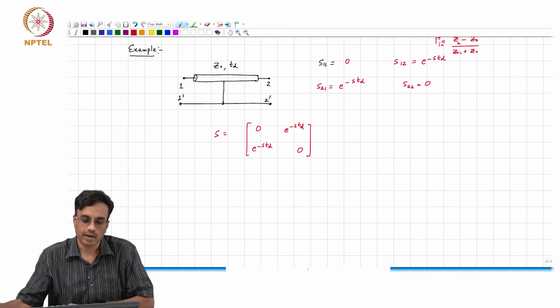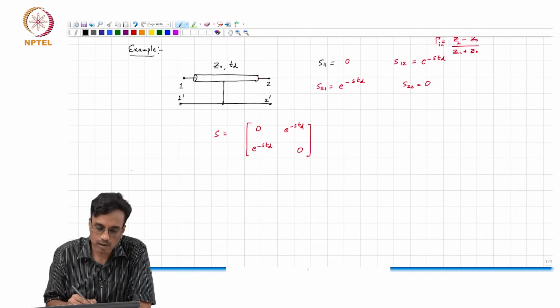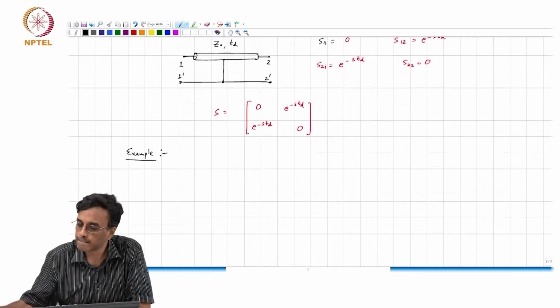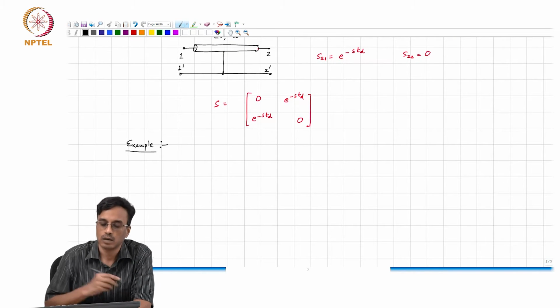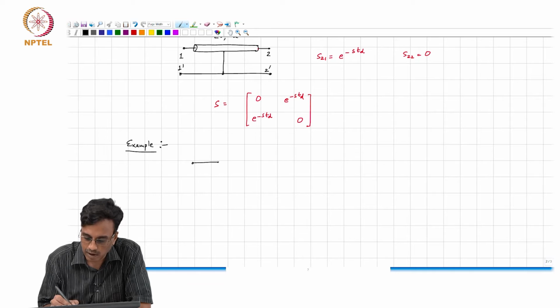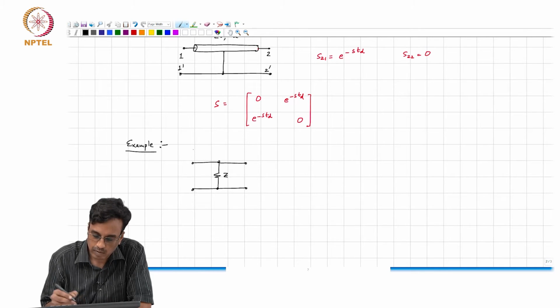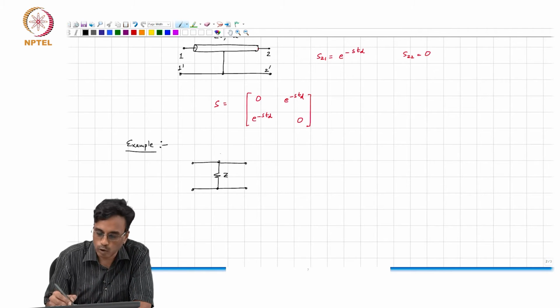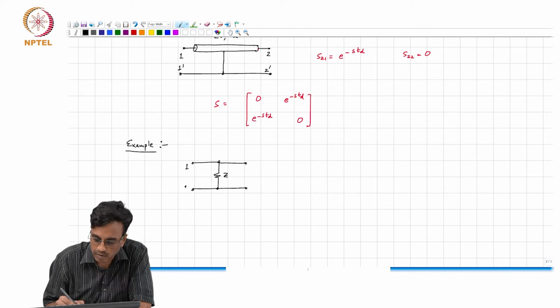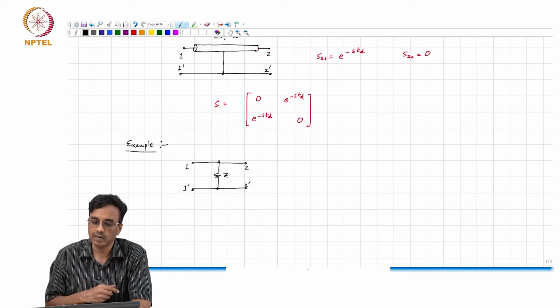Okay, excellent. Let us do another example. Let us say we have an impedance Z here, which is not to be confused with Z naught, which is the characteristic impedance of the transmission lines.